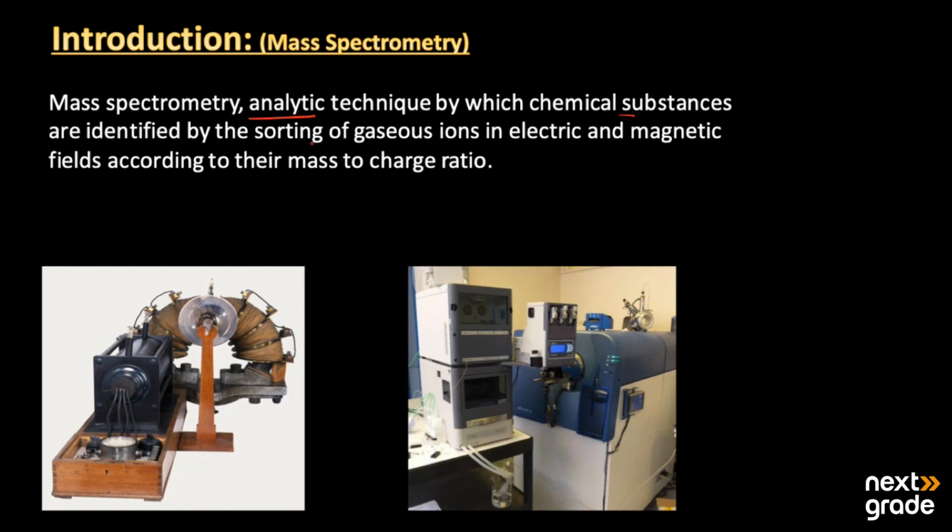Then how can they be identified? Basically, first of all, they are changed into their gaseous ions in the presence of electric and magnetic fields, according to their mass to charge ratio. So mass spectrometry is a technique in which we analyze the substance and measure the exact masses of the isotopes.